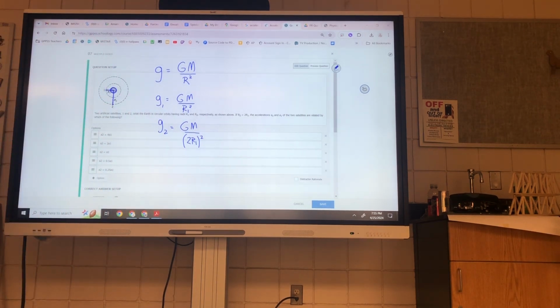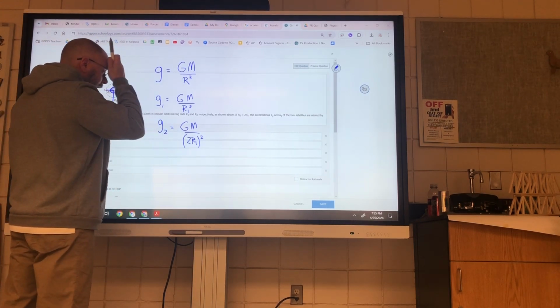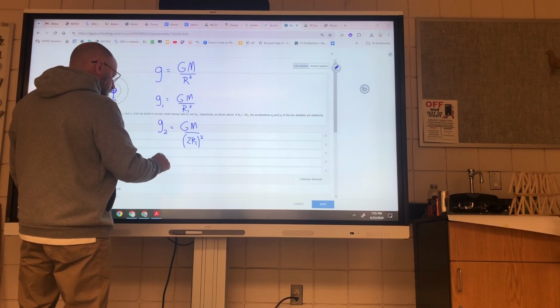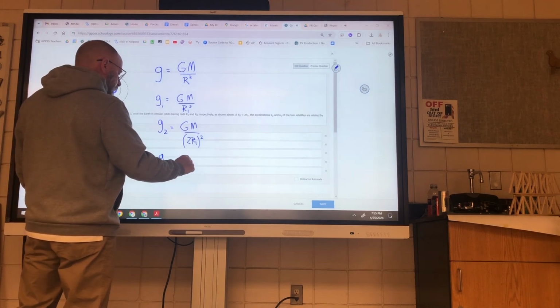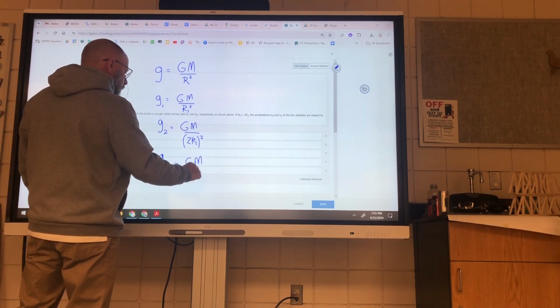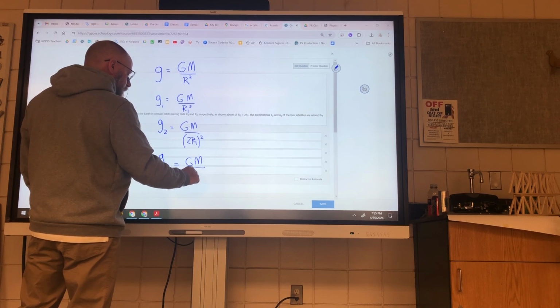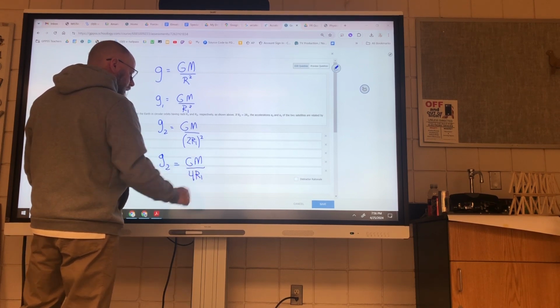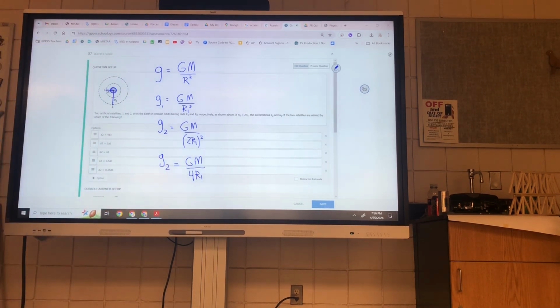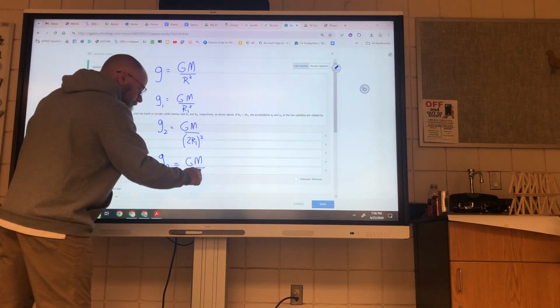See how sneaky they're being here? What I like about this is I'm going to massage it a little bit, and I have GM over 4R1 squared. Squared, thank you.